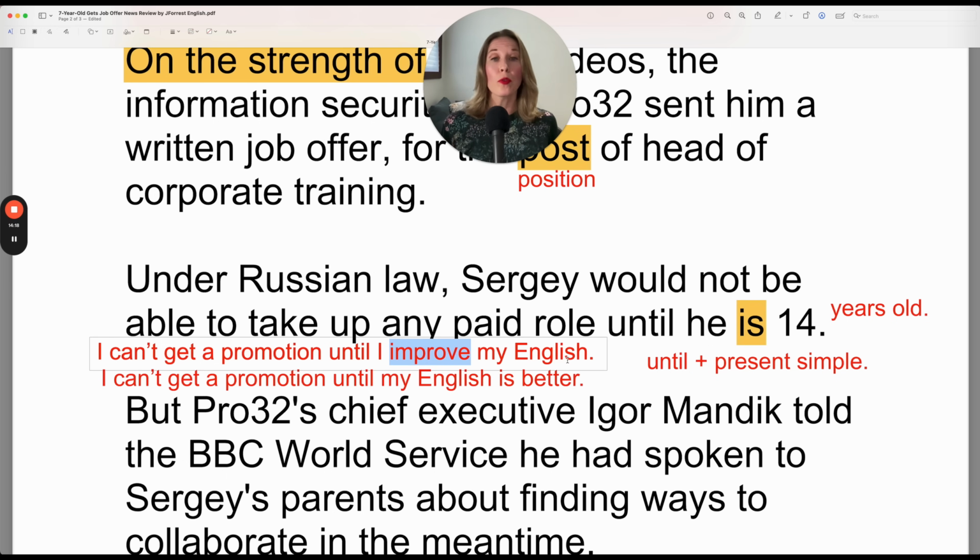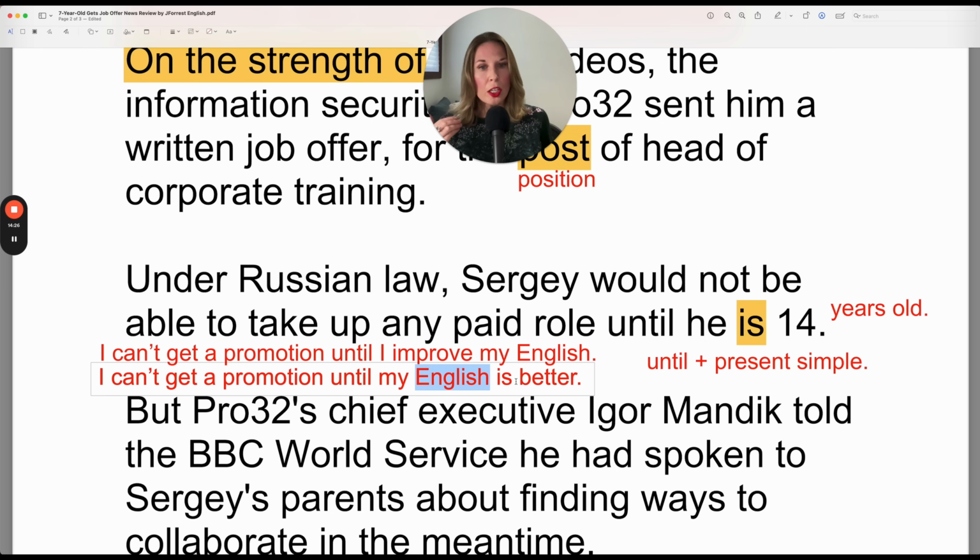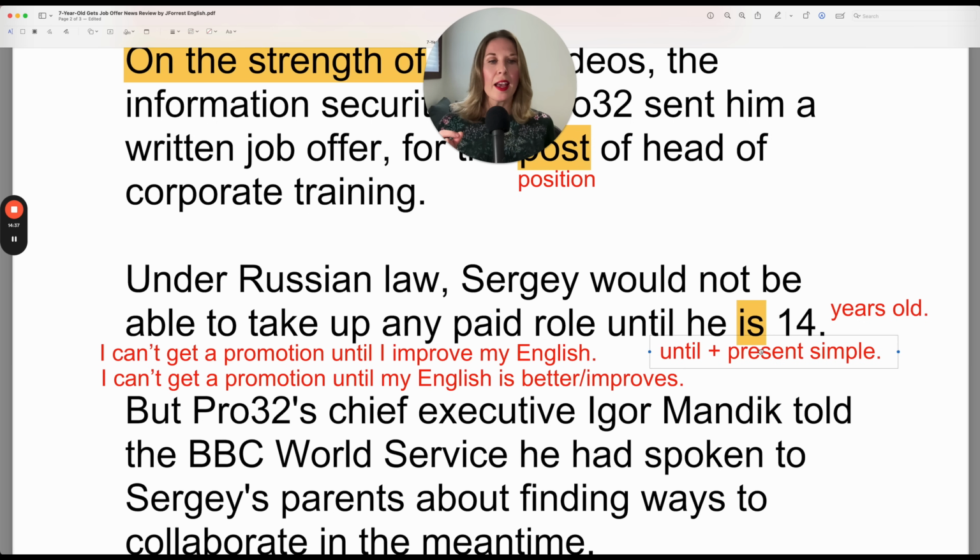Until I improve my English. You could also use your English as the subject after until. I can't get a promotion until my English is better. So this is your present simple, is better. You could also say until my English improves, and then you would add that S because again, it's in the present simple with until when you're using it in a future reference.